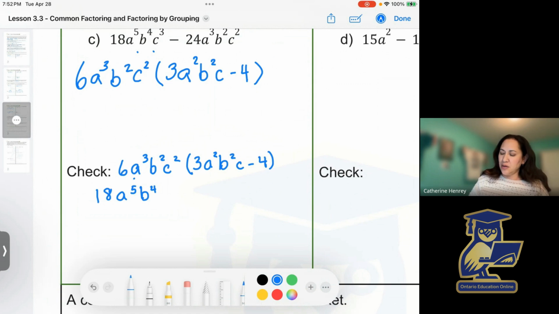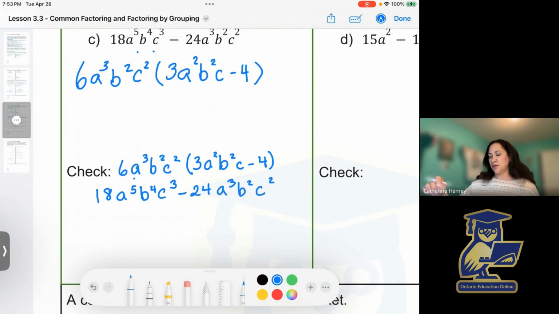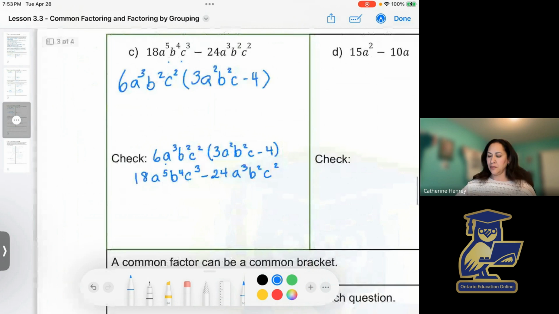And then c squared times c is going to be c cubed. And then 6a^3b^2c^2 times negative 4 is going to give me negative 24a^3b^2c^2. Good, so I was able to get back to the original question.